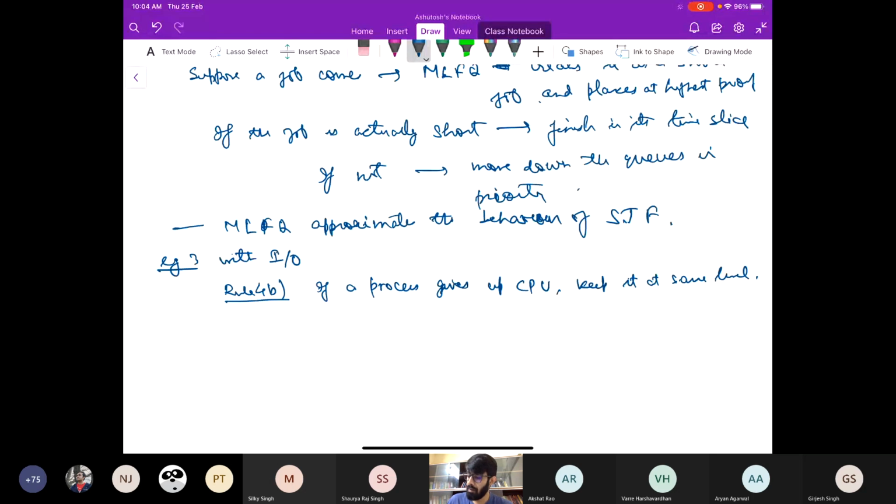So why is this done? So that the interactive jobs, which use a lot of IO, release the CPU before the time slice is complete.